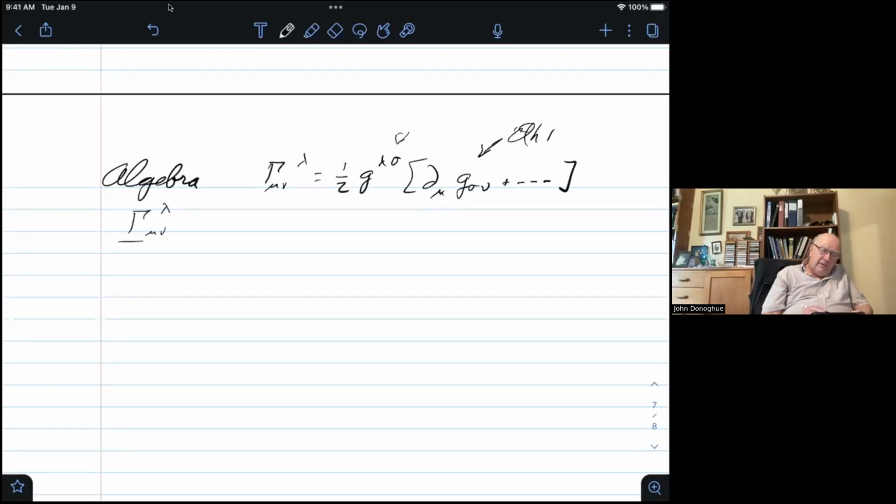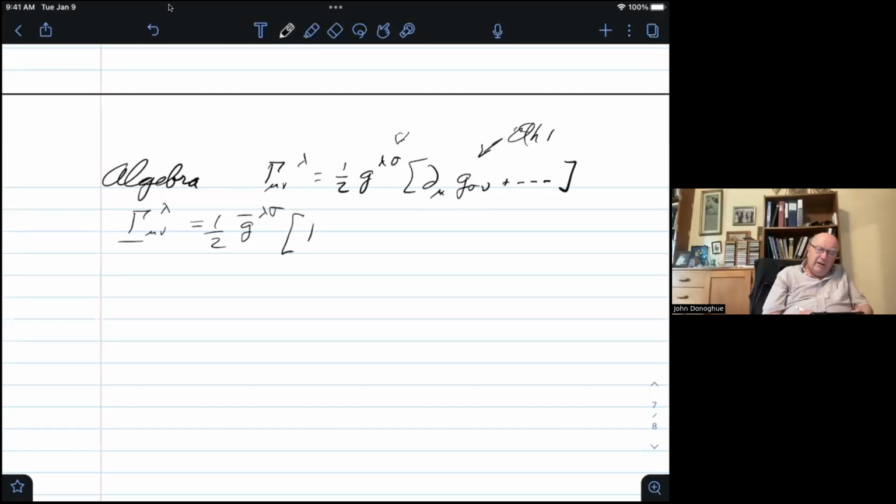We have a gauge invariant system, so this is going to organize itself as 1/2 G bar lambda sigma. So everything is now with this background metric.